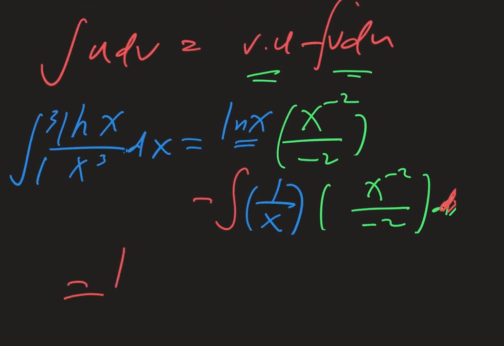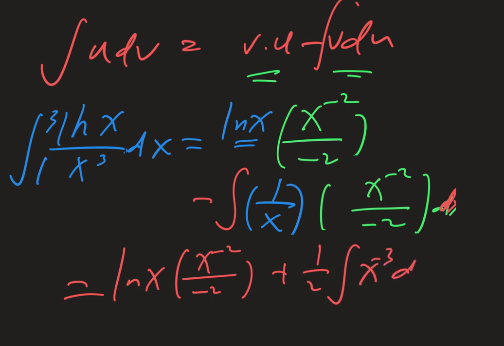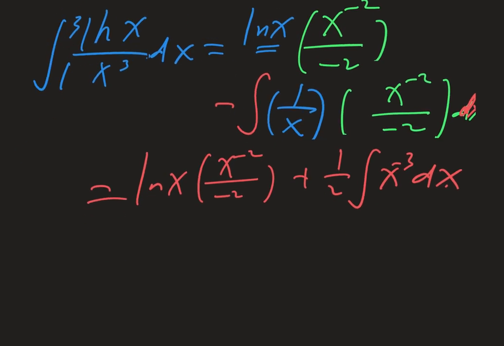So this equals ln x times x to the minus 2 over minus 2, and then minus, plus already, because you can put the negative outside, the integral of x to the minus 3 dx. So this x to the minus 3 dx is very integrable.